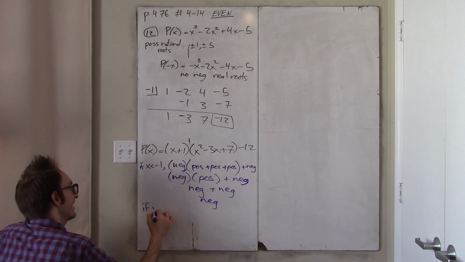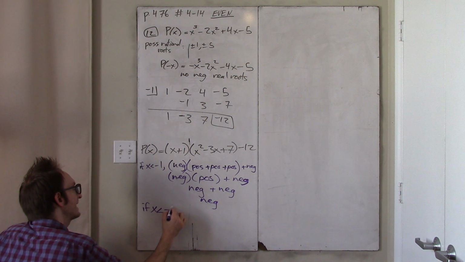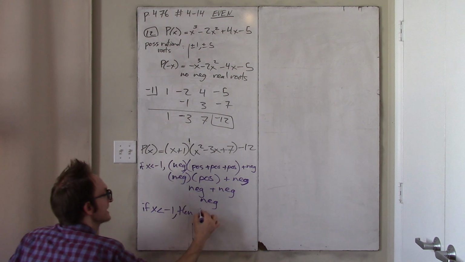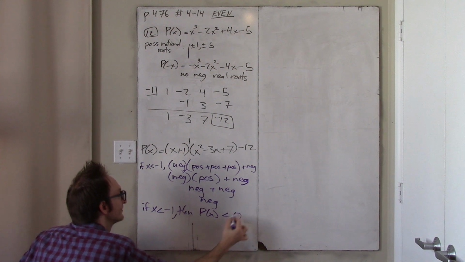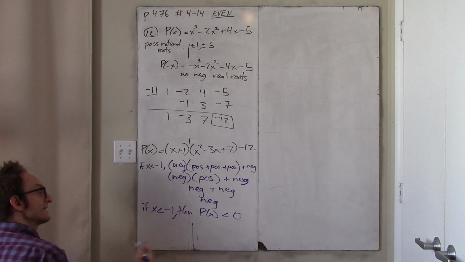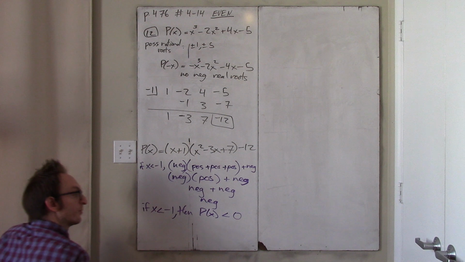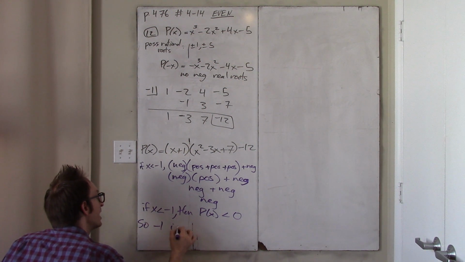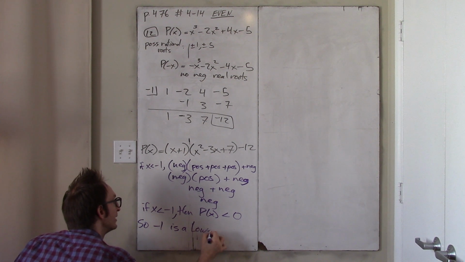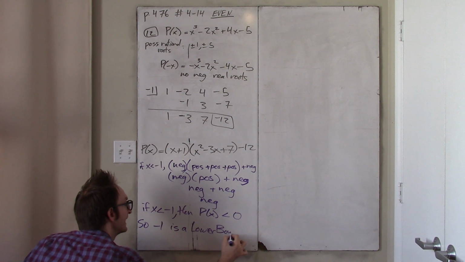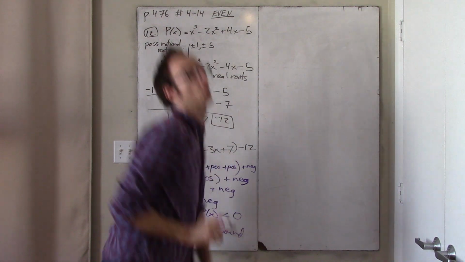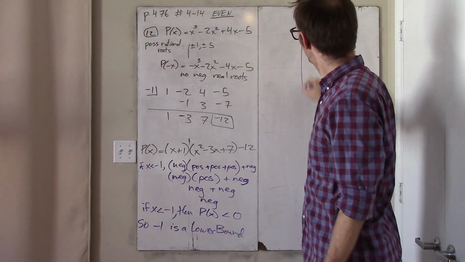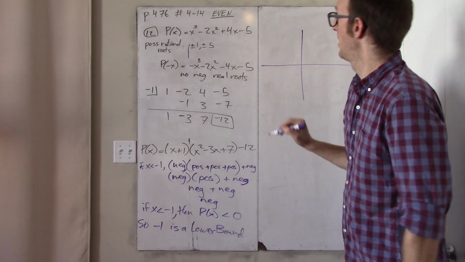I just learned that if x is less than negative 1, then p of x is negative. And if p of x is negative and it's not 0 or positive, it means it stays below the x-axis. So negative 1 is a lower bound, which is just a way of saying this function has no roots less than negative 1.